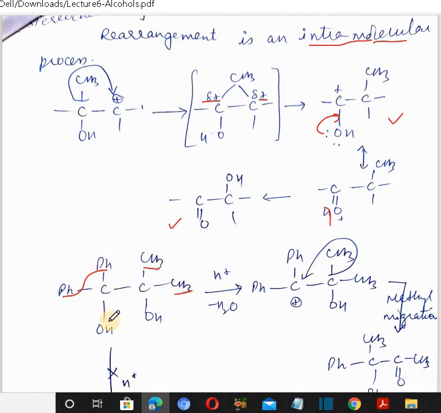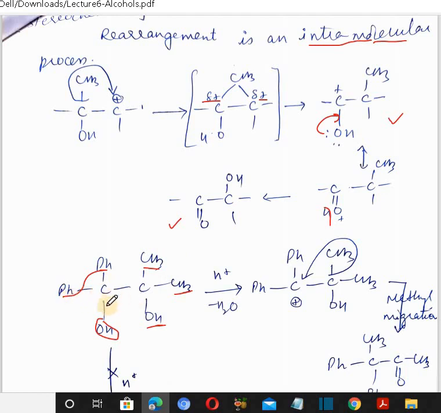That is, water is removed from here and the CH3 group will move to this, or the OH group will be removed from this carbon and phenyl will move to this. The phenyl group is a bulky group, so its movement is a little bit difficult. So in this case, methyl will be shifted from one carbon to another.